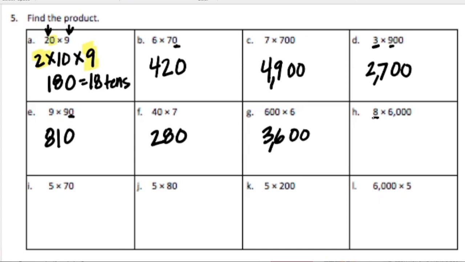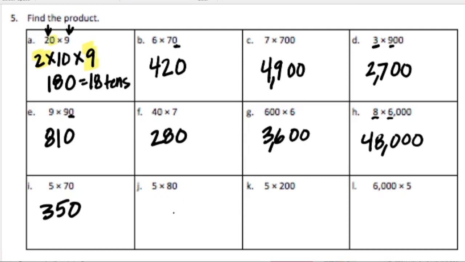For H, 8 times 6, that's 48. So 8 times 6,000 will be 48,000. For I, 5 times 7, that's 35. 5 times 70, that's 350. All I did was add that 1 0.